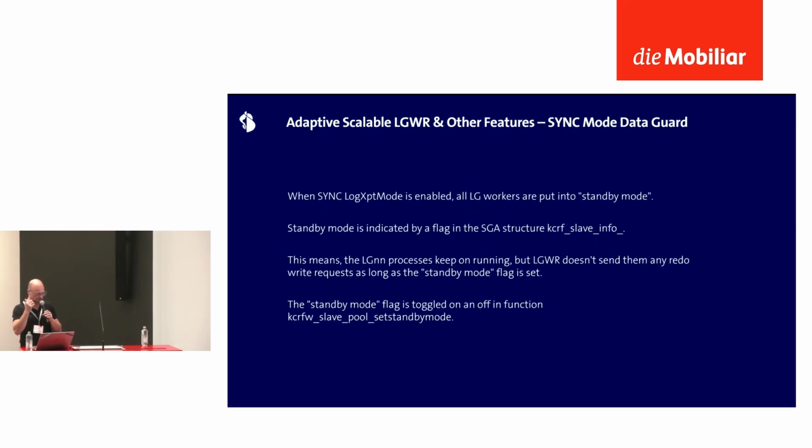So LogWriter will, by default, then become a single process. And what happens in the background is there's a flag in the SGA, and whenever a write is submitted, Oracle checks if that flag is set, and if it is set, it never switches a mode from single to scalable.